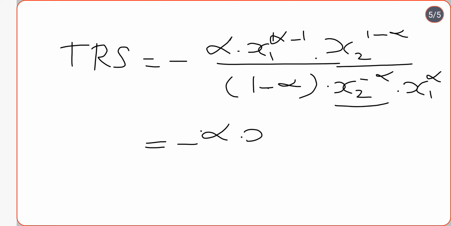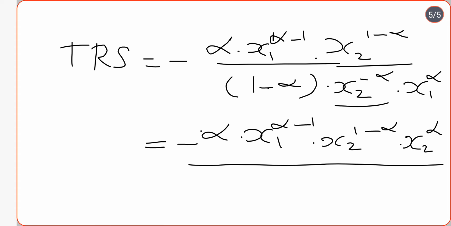So we have x1 to the power alpha minus 1 into x2 to the power 1 minus alpha, into this x2 to the power minus alpha. If it goes to the numerator part, it will become x2 to the power plus alpha. And in the denominator part we have 1 minus alpha and the remaining x1 to the power alpha.